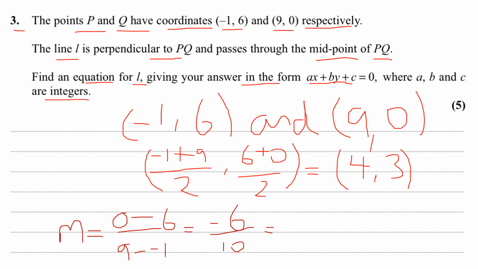So we get the gradient to be -6/10, which simplifies to -3/5. So that's the gradient of PQ.